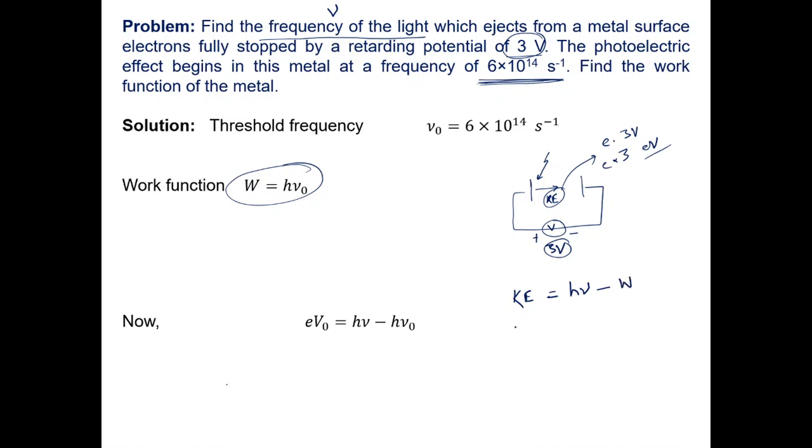The kinetic energy is basically charge times the potential, which was, let's say if this is V naught, applied in this setup, equals h nu, which is the energy of the incident photon, minus h nu naught, where nu naught is the threshold frequency of the metal.